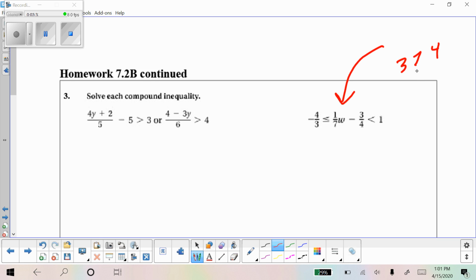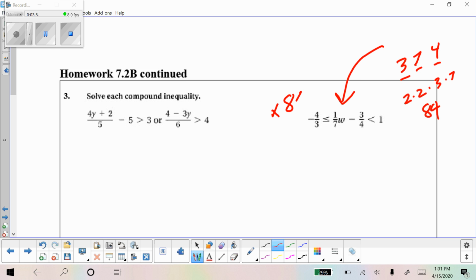I think that they all will go into a number like, let's see, 4 is 2 times 2, and then you need a 3 and a 7. Pretty much you need to multiply them all together. So 21 times 4 is 84, is actually the smallest number they all go into. So we're going to multiply everything by 84.